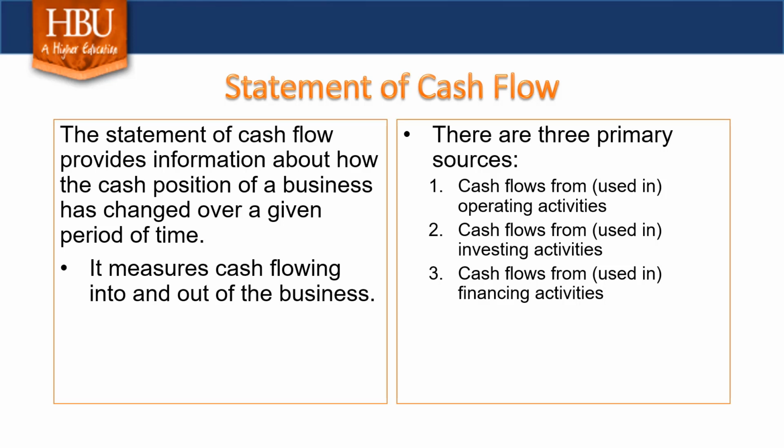One, cash flow from and or used in operating activities. Two, the cash flow from investing activities. And ultimately, the cash flow from or used in financing activities. Please remember, as I stated earlier, figure 6.3 in your text on pages 117 and 118 provides a sample of this important document.